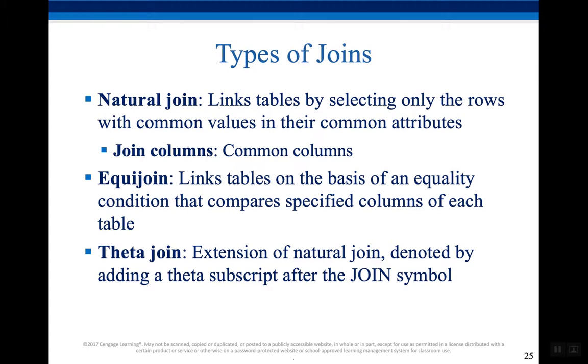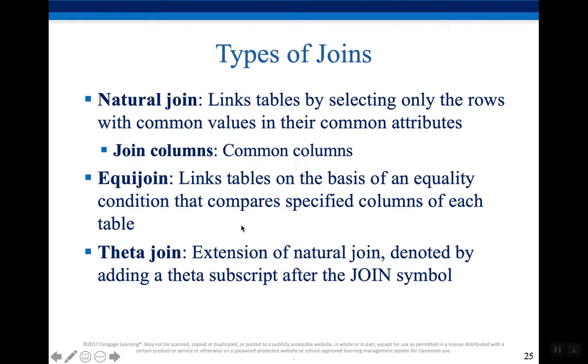Types of joins. A natural join is basically all rows with the common values in the common attributes. So you select two fields, and you look for the common values of attributes between the two fields.